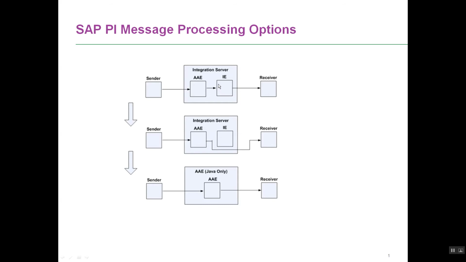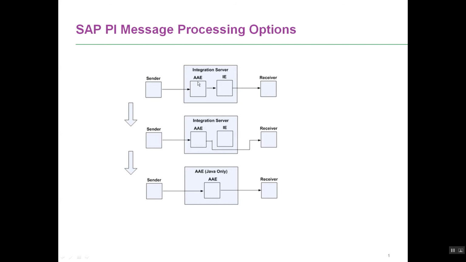If you remember the pipeline of PI, it was receiver determination, message splitting, interface determination, mapping execution, and things like that. So the pipeline was executed in the integration engine, and that is exactly what you used to see when you were doing your monitoring in SXMB Moni.